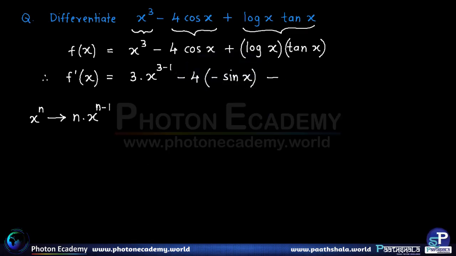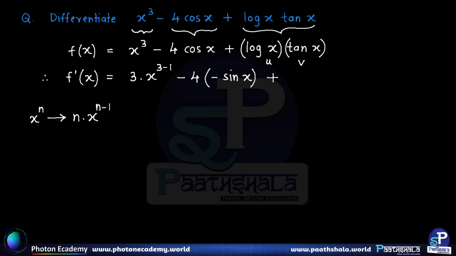Now moving on, plus, now if you see, the last function is itself a product of two functions, that is u and v. Okay, so let's call log x as u and tan x as v. So using the product rule, the derivative of this product is first function, which is log x, into derivative of second function, that is derivative of tan x, which is sec square x.